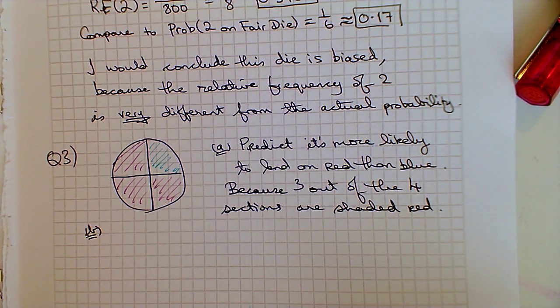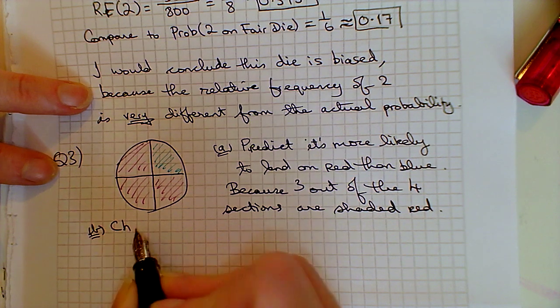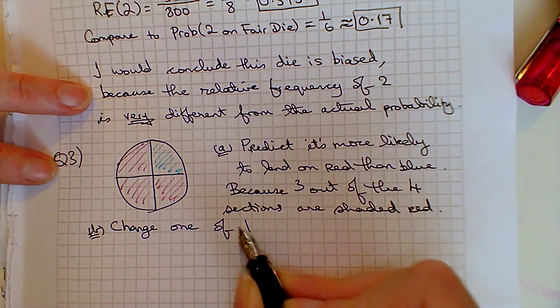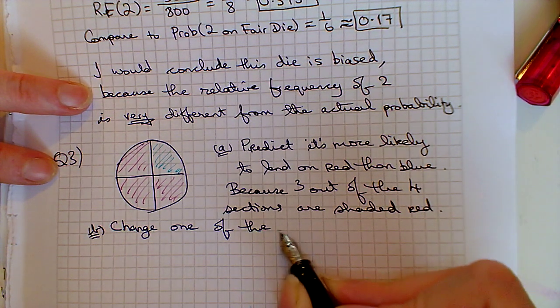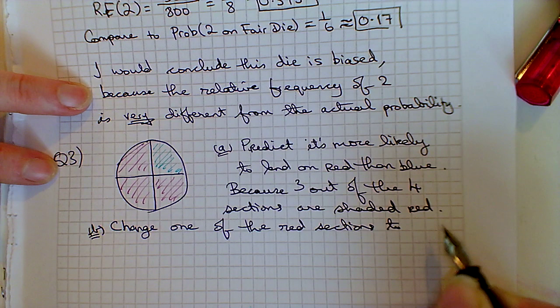Explain how you would change the colours on the spinner so that each colour is equally likely to occur. So fairly straightforward, change one of the red segments, or red quarters you could even call them, one of the red sections to blue.